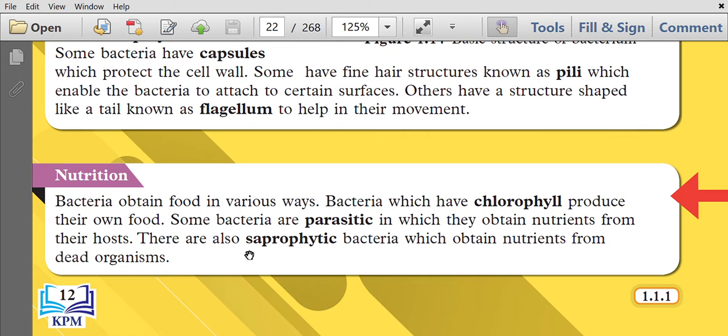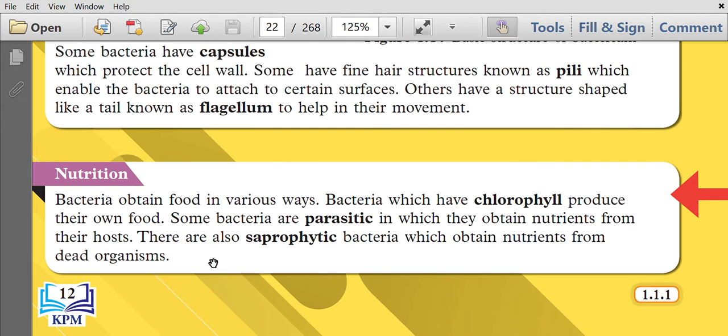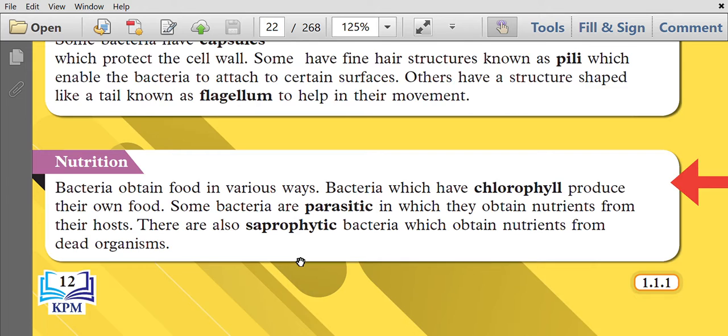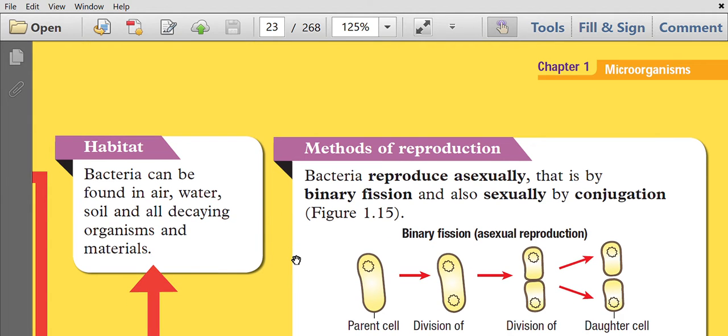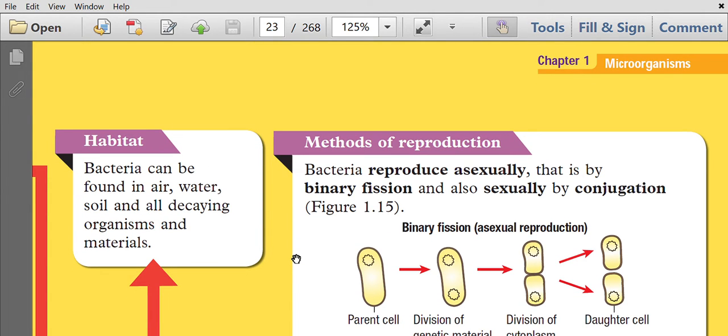They are also saprophytic. Saprophytic bacteria obtain nutrients from dead organisms. So if bacteria attack or live in a dead body, they are called saprophytic bacteria.